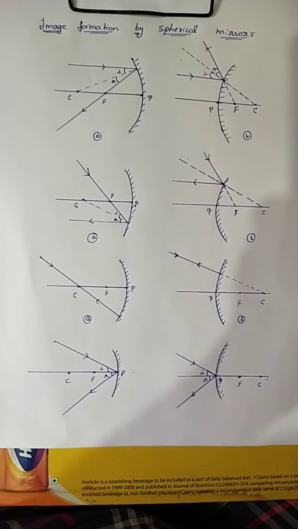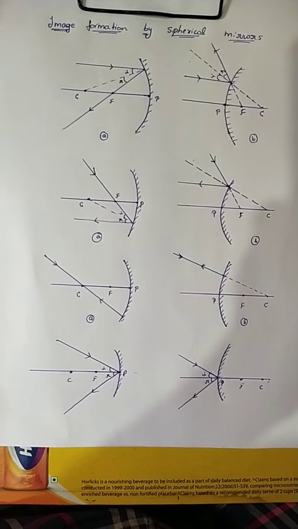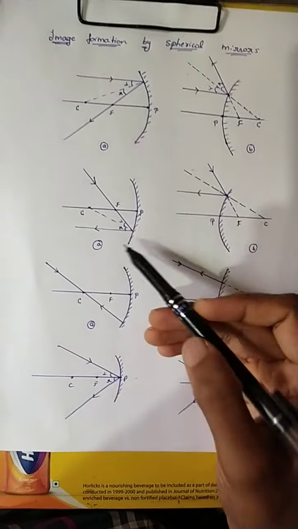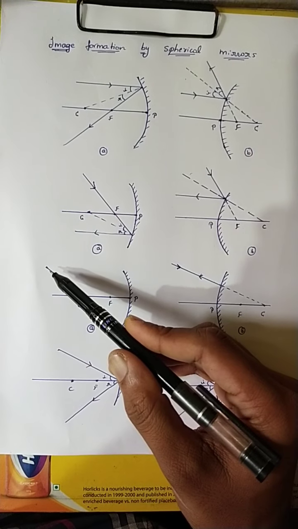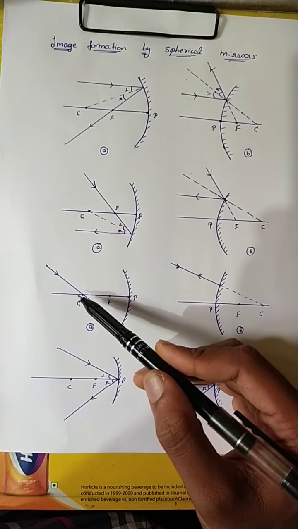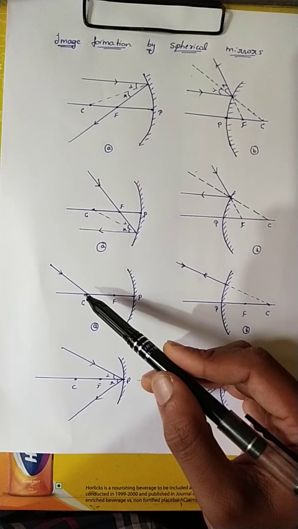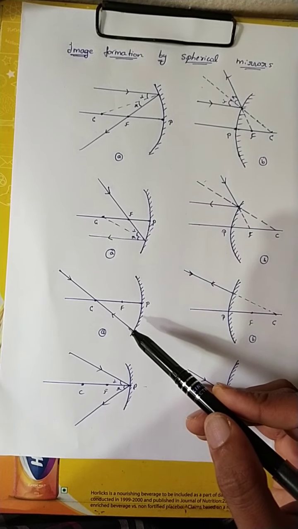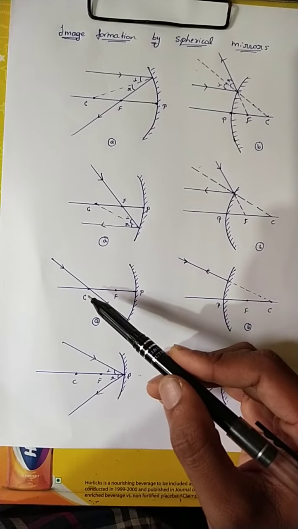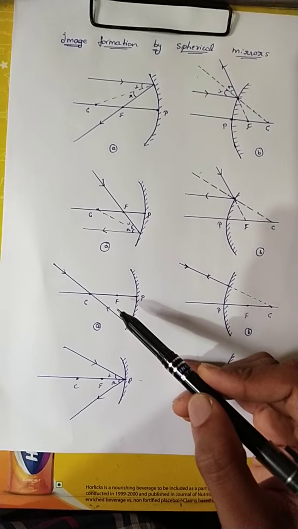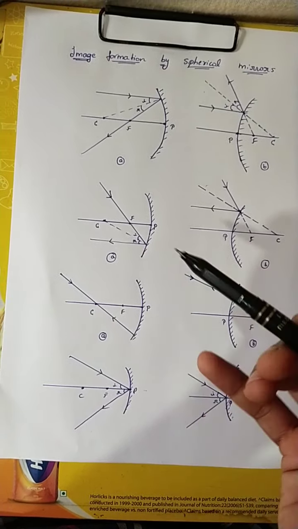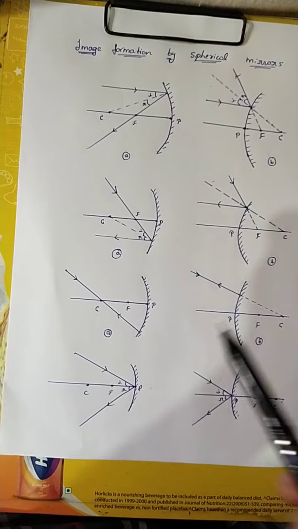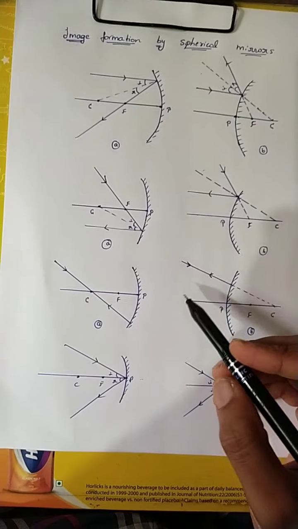The incident ray passes through the center of curvature and is reflected back in the same medium with a different direction.